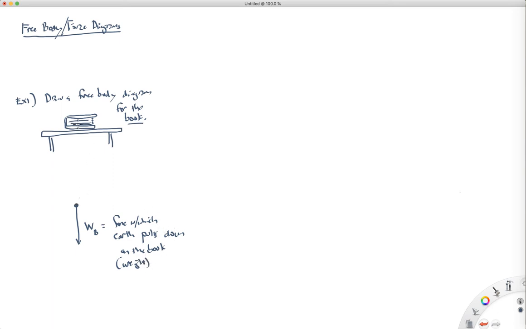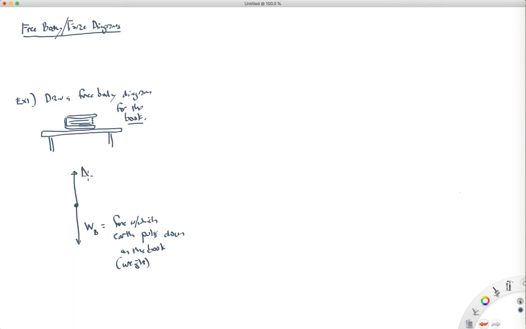That's not the only force acting on the book. The table is going to be pushing up on that book, so I'm going to draw another arrow. Whenever you have a surface pushing on an object in a perpendicular direction to the surface, that is called a normal force.